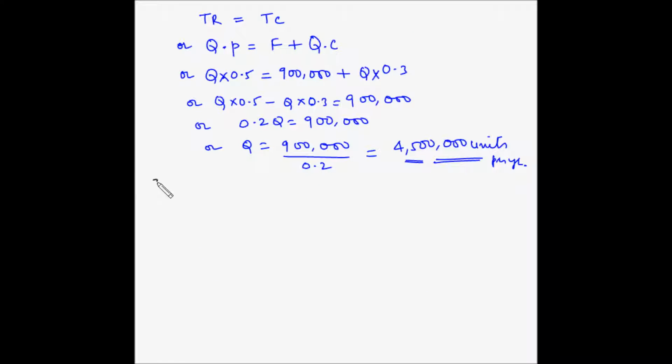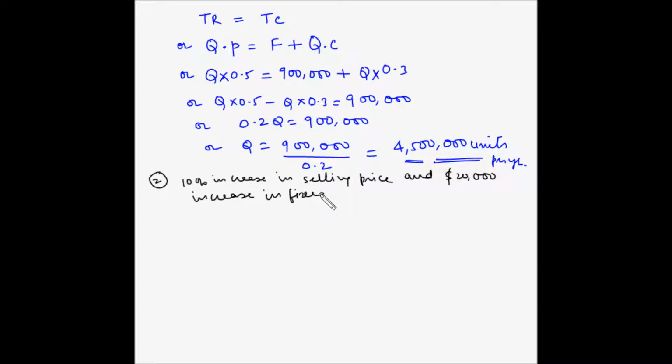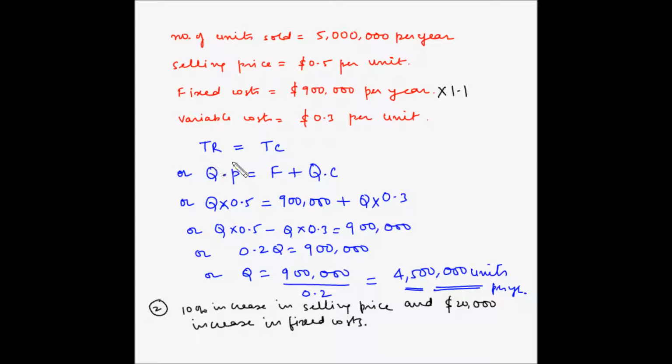So the second change is 10% increase in selling price and $20,000 increase in fixed cost. So here in this case, both sides of the equation are increasing.